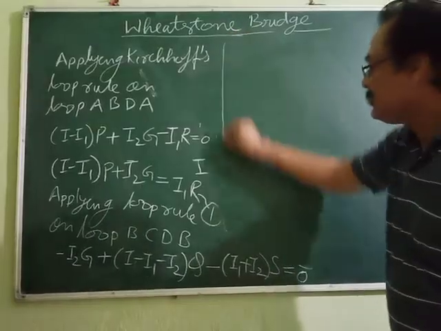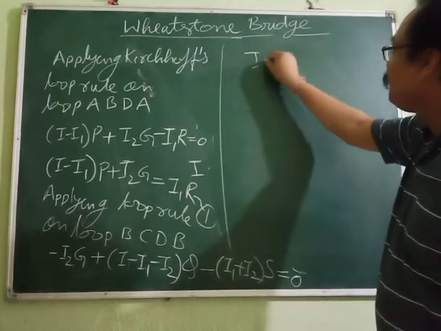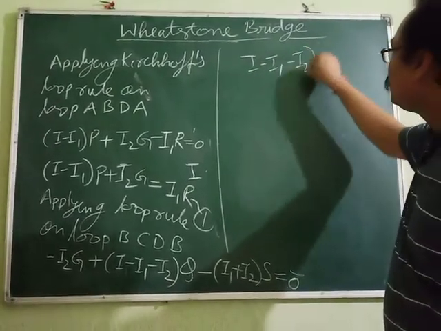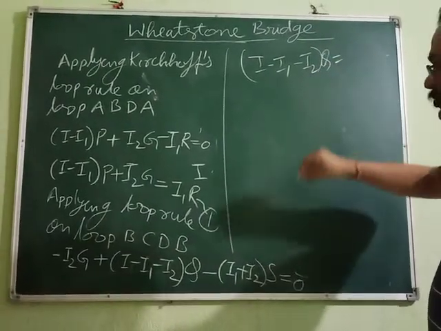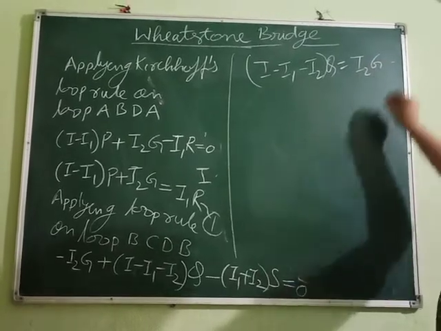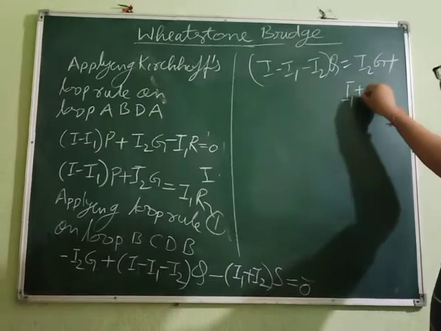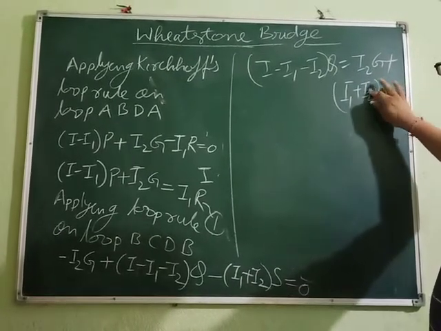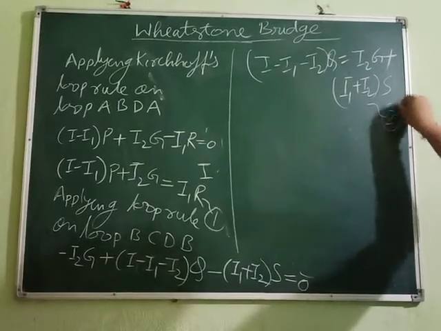We are left with I minus I1 minus I2 into Q equals I2G plus I1 plus I2 into S. This is our equation number 2.